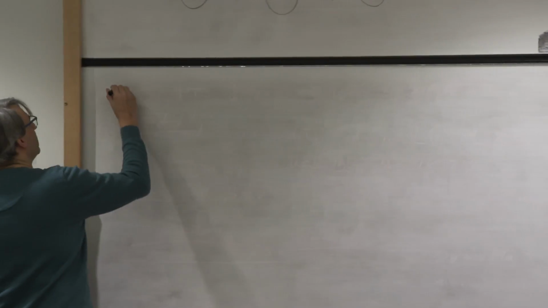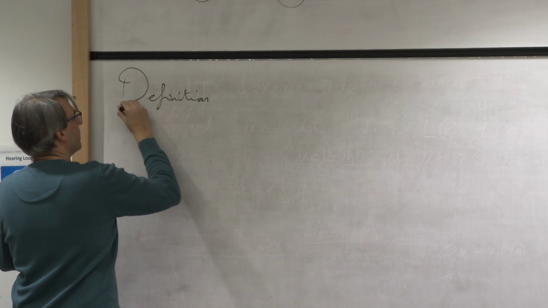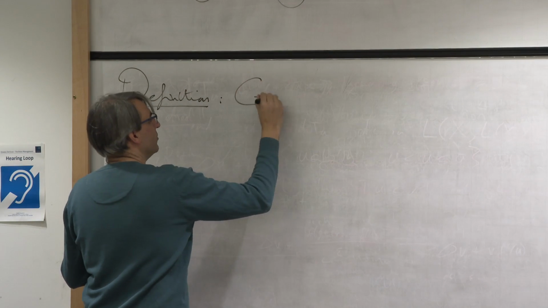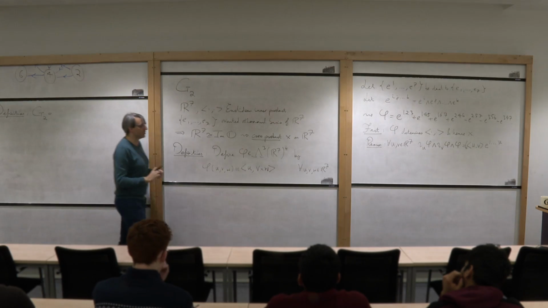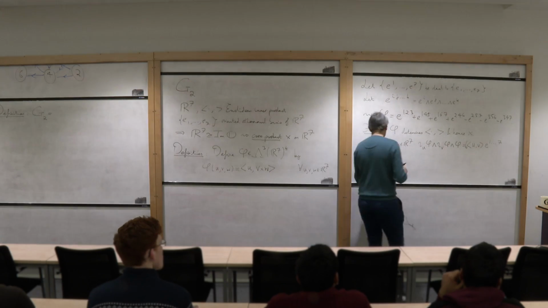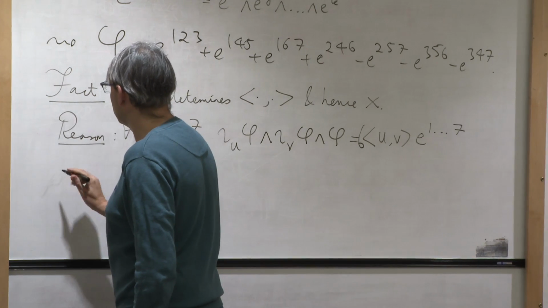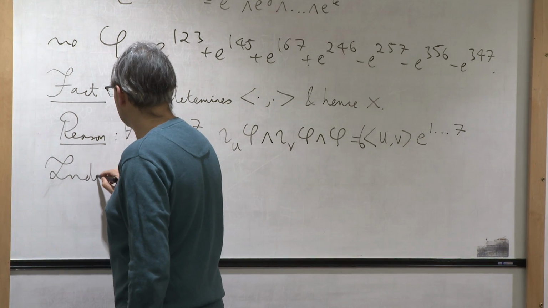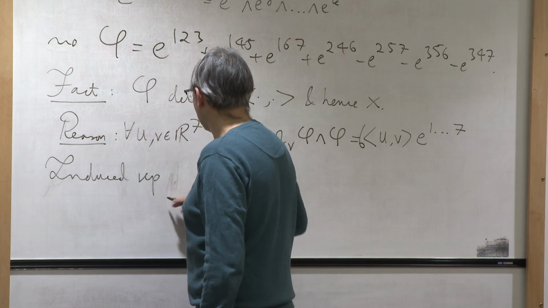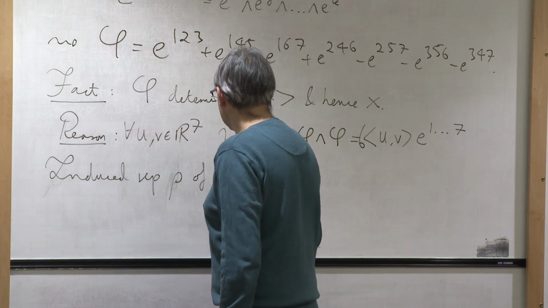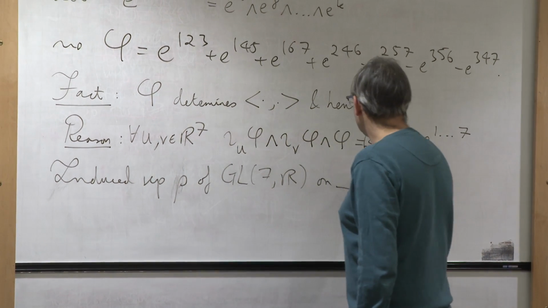So the definition now of what G2 is. One more thing first: we have rho, the induced representation of GL7R on 3 forms.